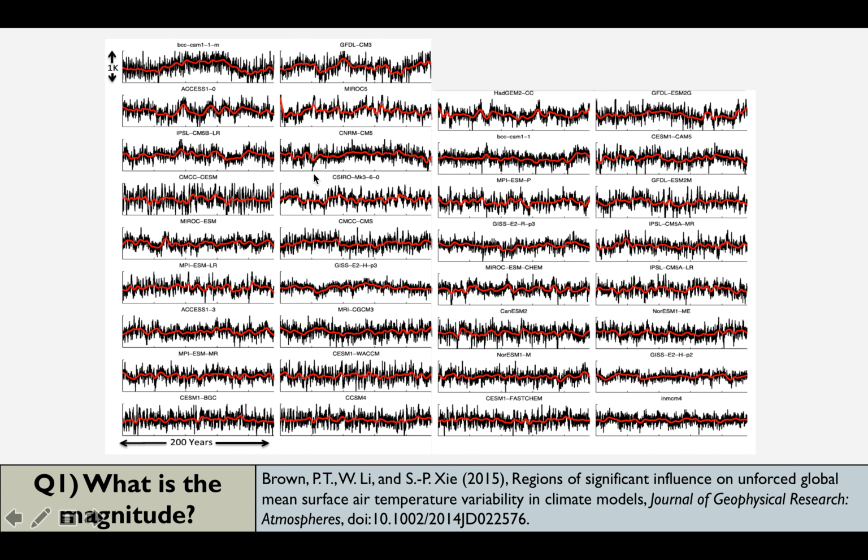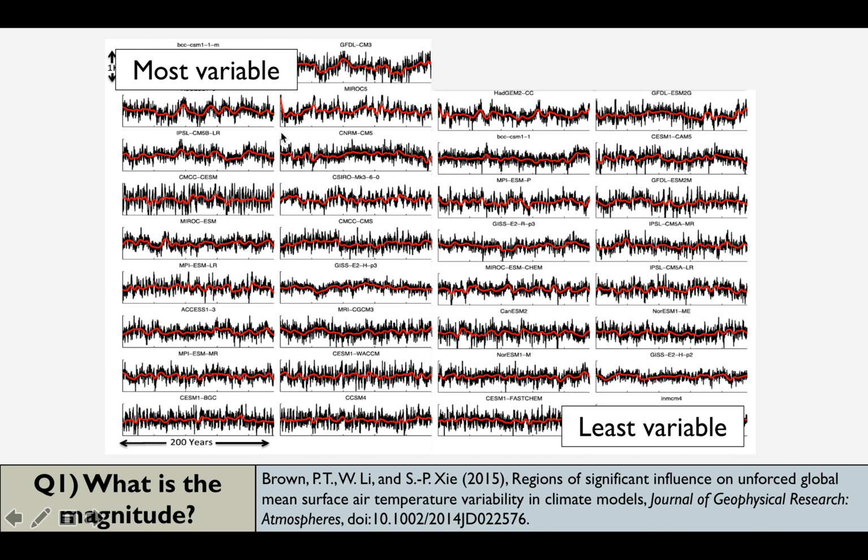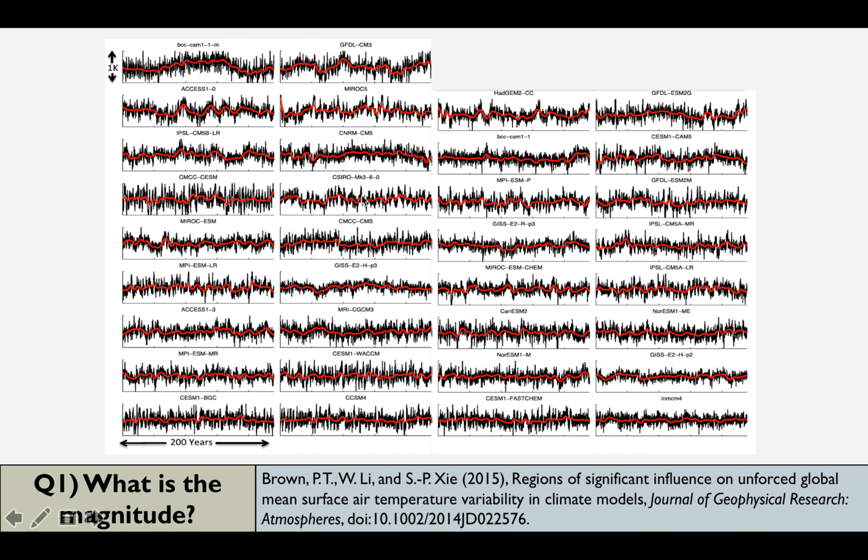And so this is a plot showing 200 years of control runs from climate models, where I've ranked the variability from most variable in the top left to least variable in the bottom right. And you can see that there's a large range, and in fact, the most variable models are about 4 times more variable than the least variable models in terms of the temporal standard deviation of the interdecadal component here.